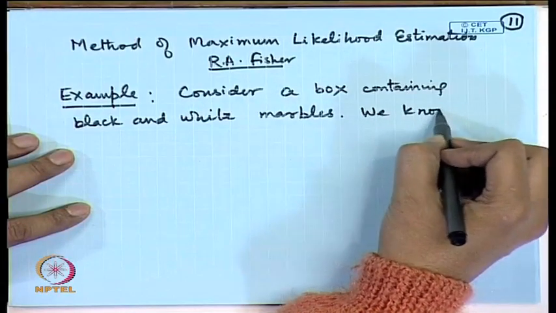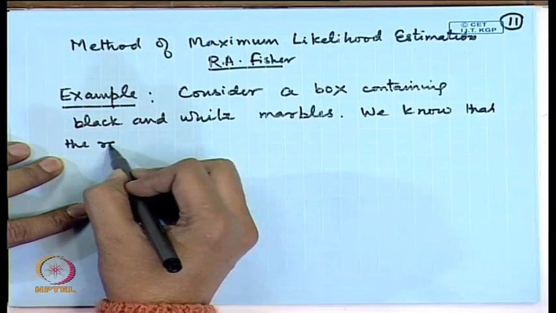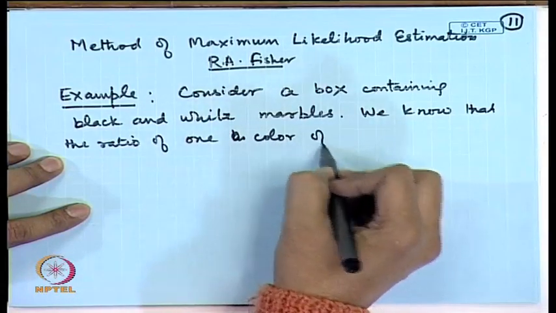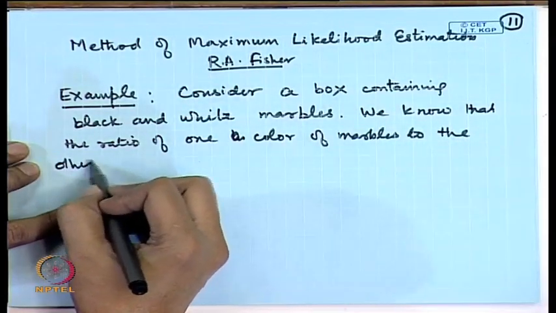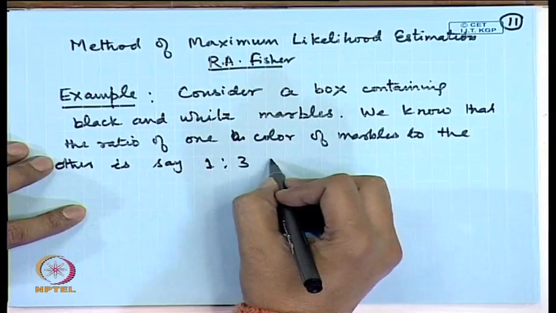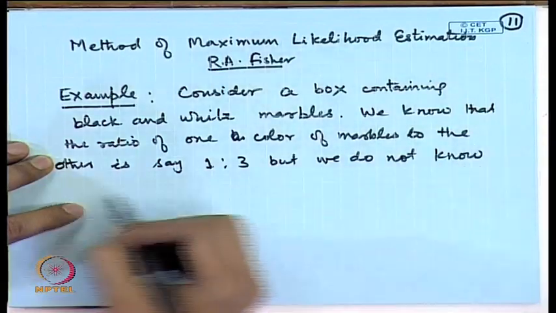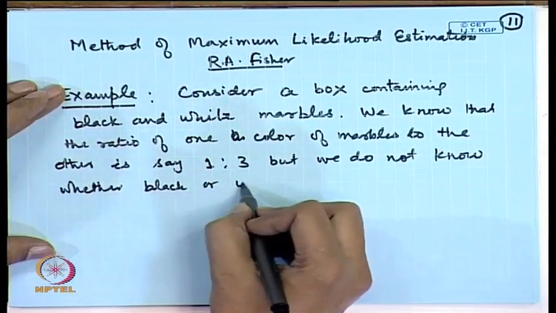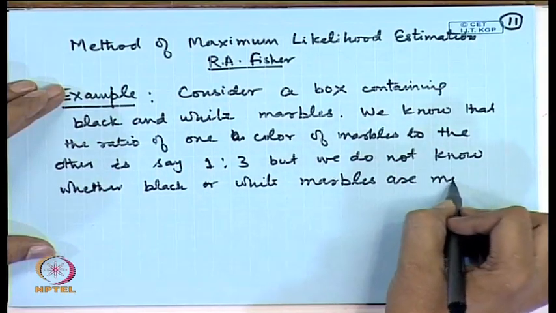We know that the ratio of one color of marble to the other is, say, 1:3, but we do not know whether black or white marbles are more numerous.